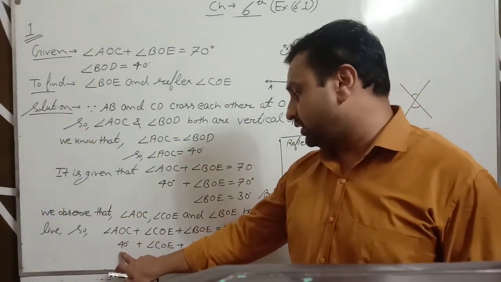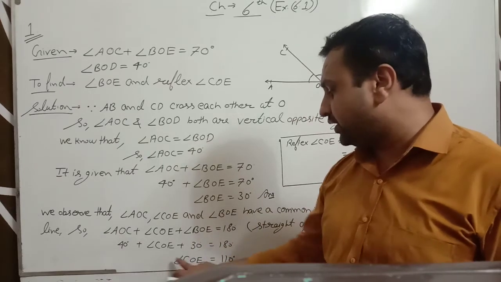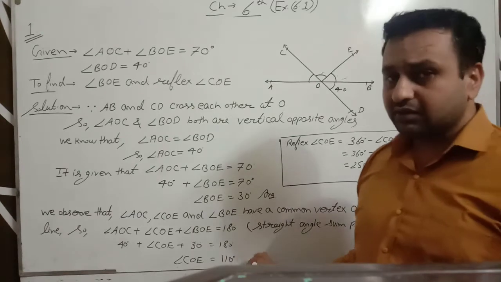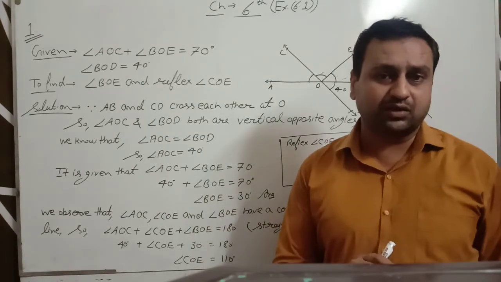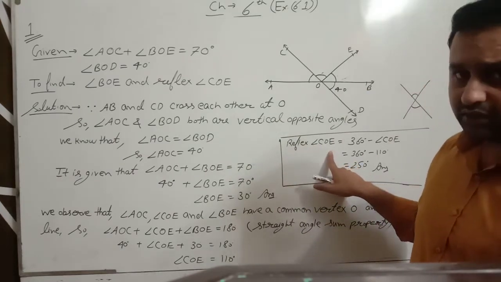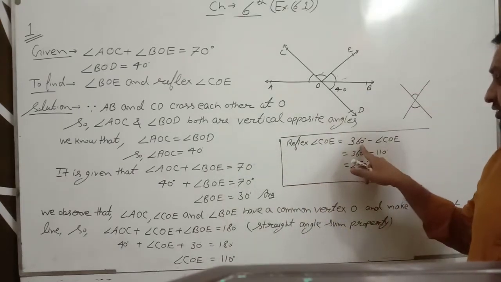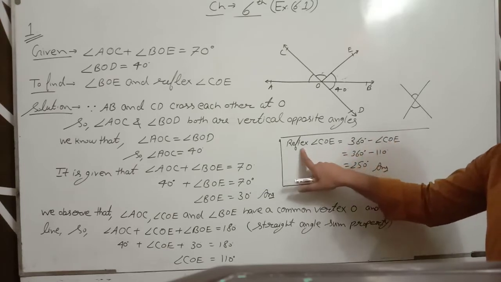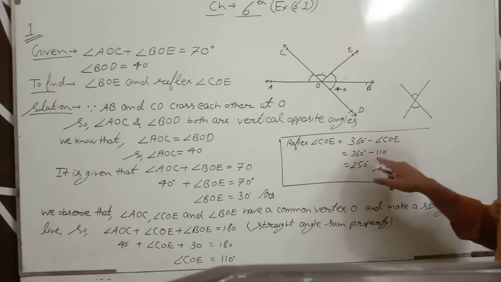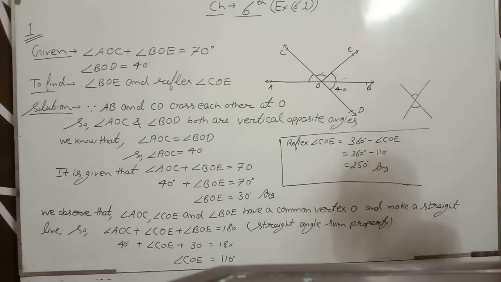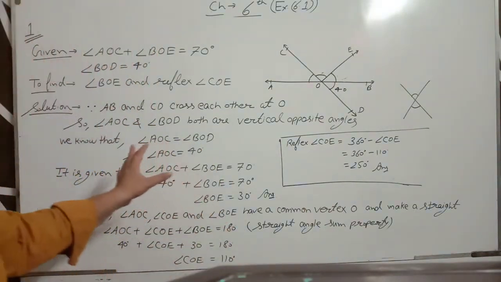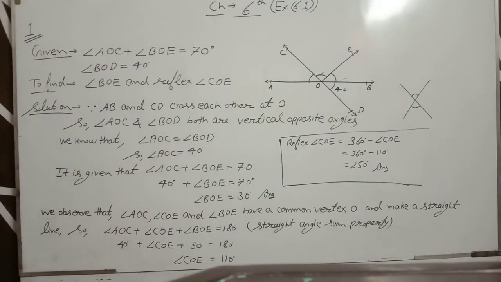Put the values of angle AOC and angle BOE and find angle COE, which is 110 degrees. But we have to calculate reflex angle COE, not angle COE. So to find reflex angle COE, the calculation is 360 degrees minus COE. Remember, a reflex angle is more than 180 degrees. So the answer is 250 degrees. I hope you understand. Practice it and now note it down. Thank you.